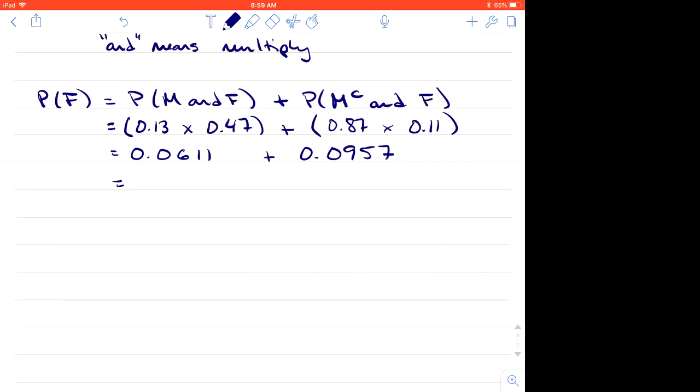So adding these two up, 0.0957 plus 0.0611, 0.1568. So now we know that the probability of getting an A on the final, regardless of what happened on the midterm, is 0.1568.